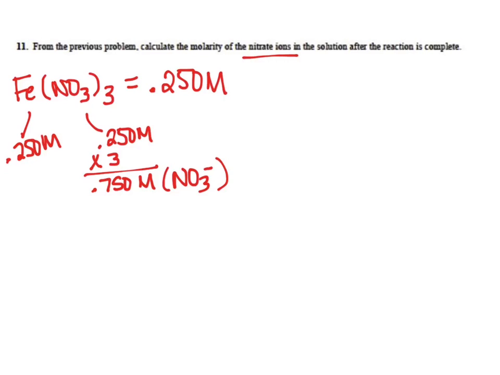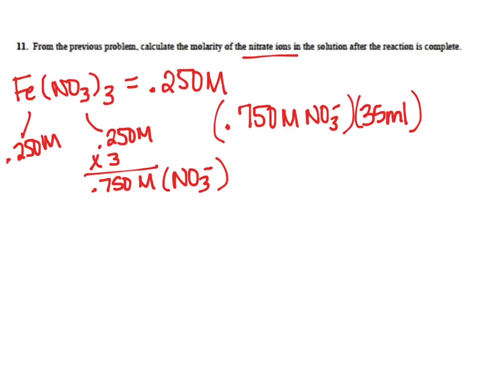So in my original, we have 0.750 molar NO3 ions. And how many mils did we have? 35 mLs. It wants to know what our molarity is at the end.